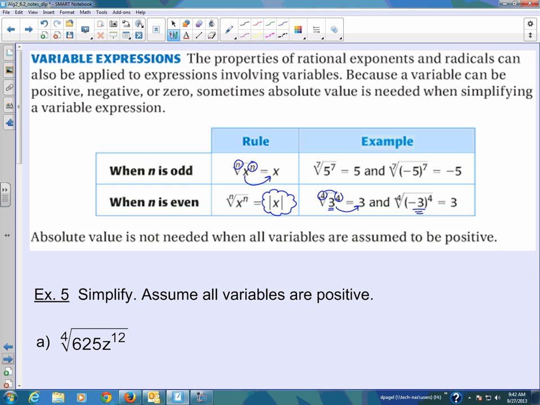Because if we had a negative 3 and raised it to the 4th power, we get 81. And the 4th root of 81 would be a positive 3. So we're going to think about absolute values when these n values are even.